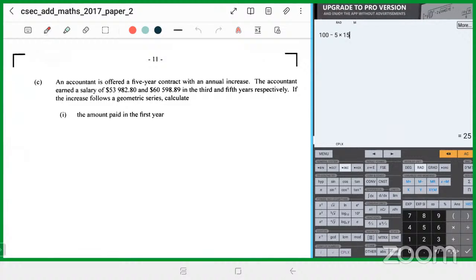Because what happened is that with these big values, the GP, you had to use a large number of decimal places for the common ratio for it to be accurate. Because when you multiply a number by such a large value, you have to round off your R to a large number of decimal places because it is being affected by a very large value.